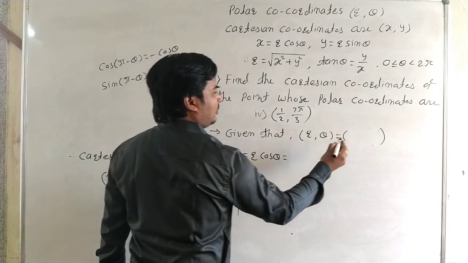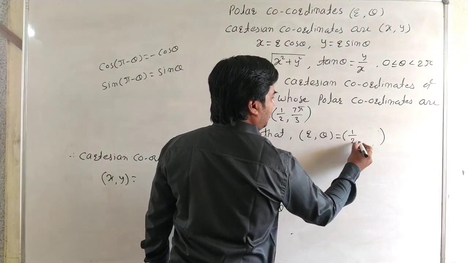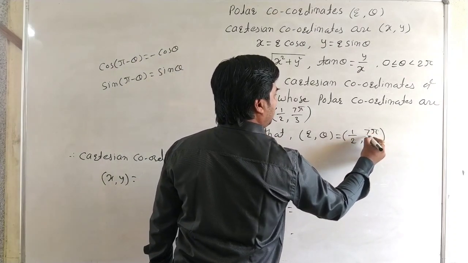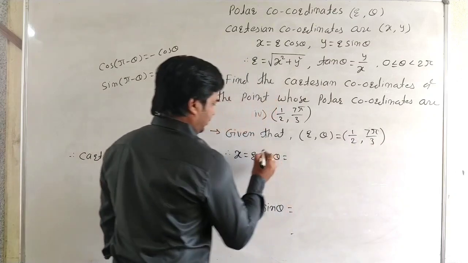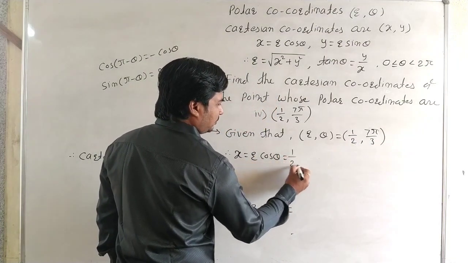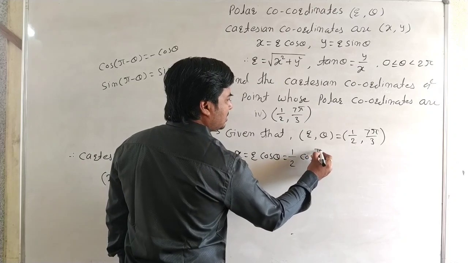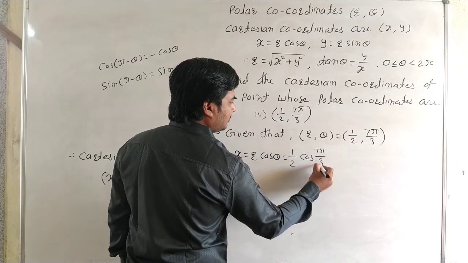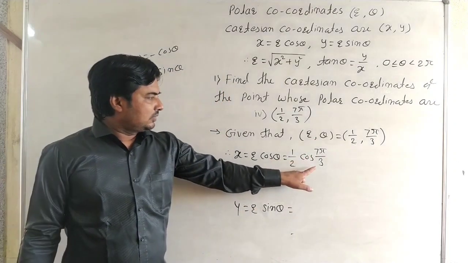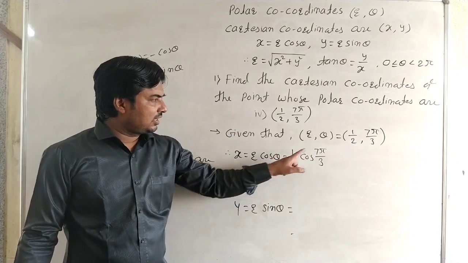Here r comma theta are the given 1 by 2 comma 7 pi by 3. Okay. Now here r is 1 by 2 and x is r cos theta, cos 7 pi by 3. Theta is 7 pi by 3.